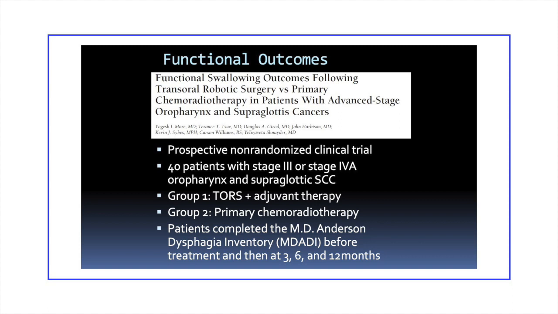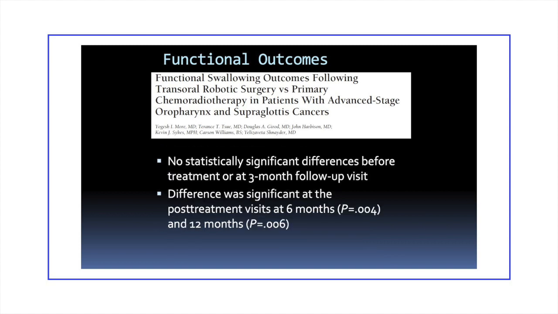Patients were assessed using the MD Anderson Dysphagia Inventory. In this study, no statistically significant difference was found at treatment or at the 3-month follow-up visits. And at the 6-month and 12-month visits, there was a significant difference seen in those two groups.